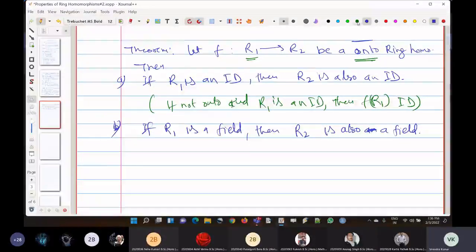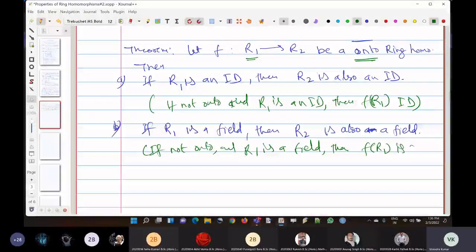So in case it is not onto, and R1 is a field, then f of R1 is a field.